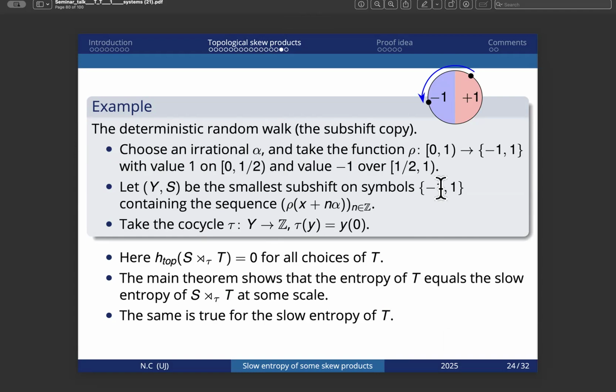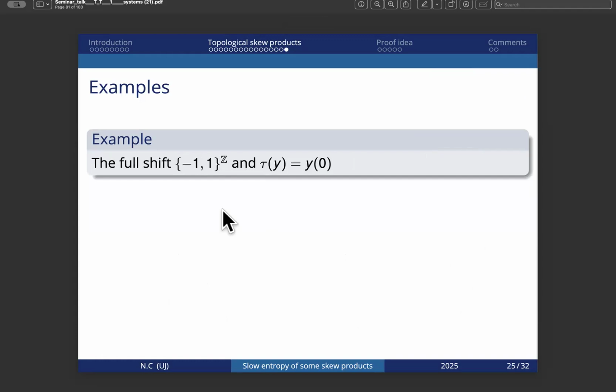So these two examples are with very low complexity systems in the base. So here S has 0 entropy. I claimed that the result works for a diverse class of systems S. So here are the 0 entropy ones. Now I want to mention a positive entropy example.